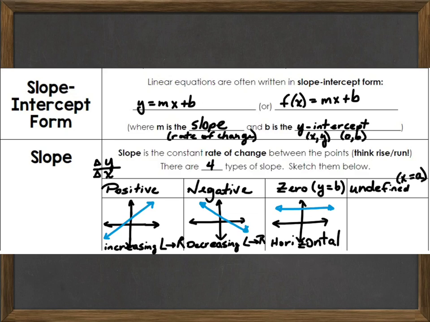I'll put an a. When you graph that, an x equals line is a vertical line. It's straight up and down. Okay, so it's a vertical line.